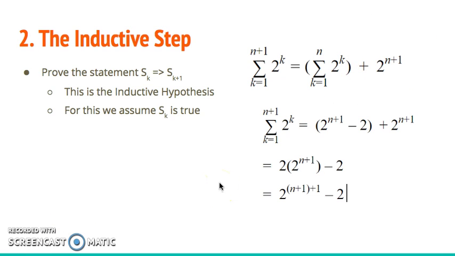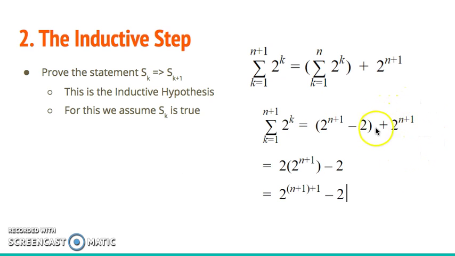In order to prove this by induction, we have to evaluate and simplify the proof. So here we can simplify the previous sum, which we looked at on the previous slide, to 2 to the n plus 1 minus 2. Now, we still have the other term at the end. From here, we can simplify.